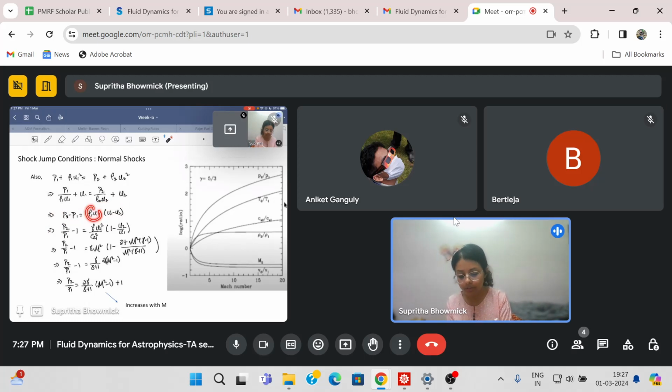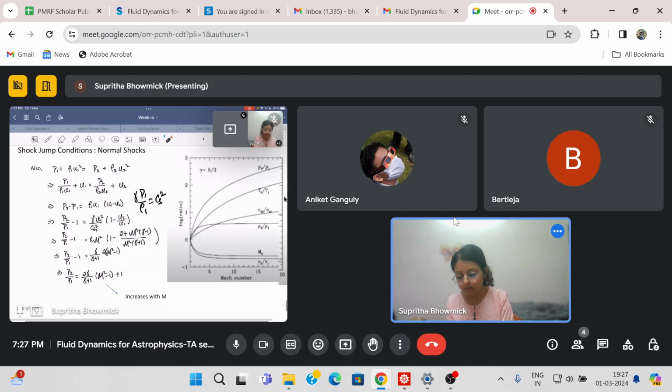Now, over here we once again repeat the trick that P1 by rho 1 gamma is Cs square. So we had a rho 1 here. We divided this by P1. We rewrite rho 1 by P1 as Cs1 square by gamma. And we pull out a factor of u1 to get u1 square, and this becomes 1 minus u2 by u1.